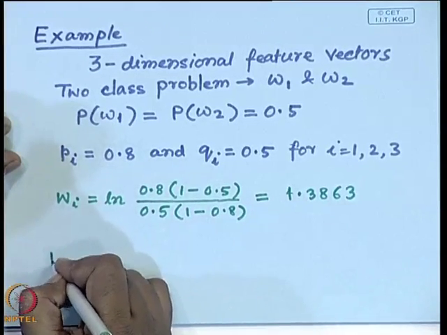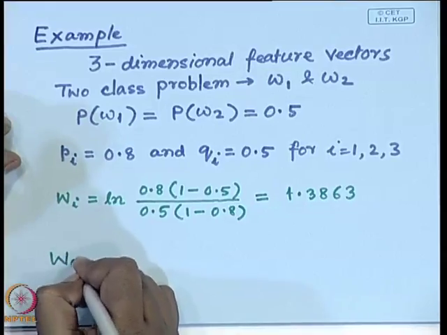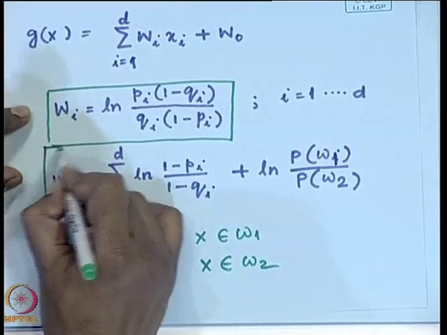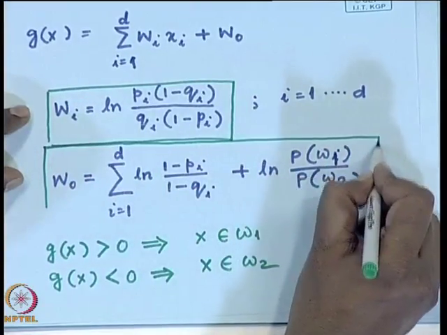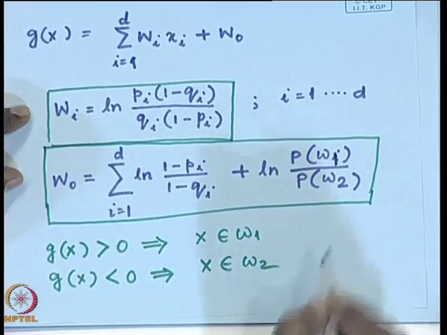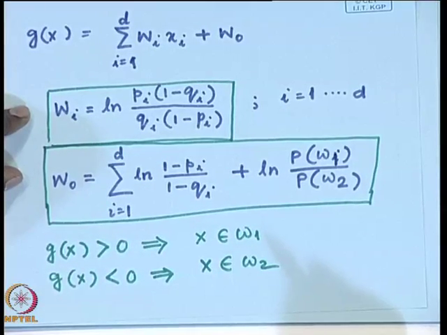And the threshold W naught, which is given by this expression, W naught is equal to log of (1 minus p_i) upon (1 minus q_i), take the summation for i equal to 1 to d, plus log of p(omega 1) upon p(omega 2).